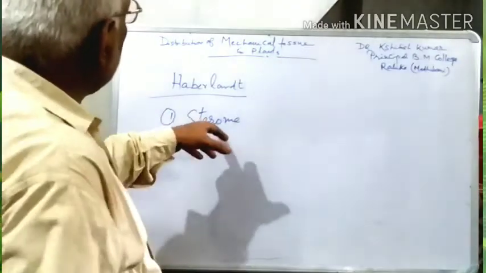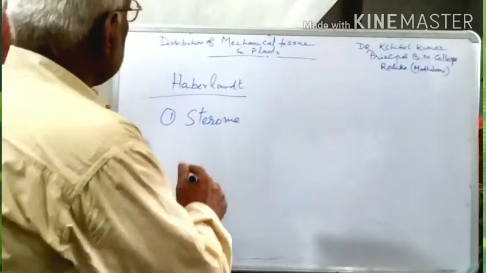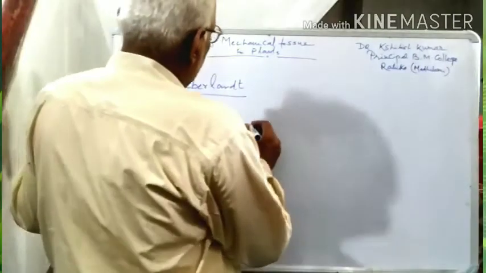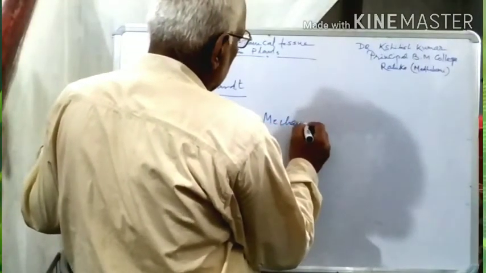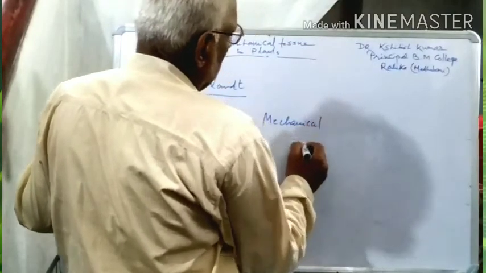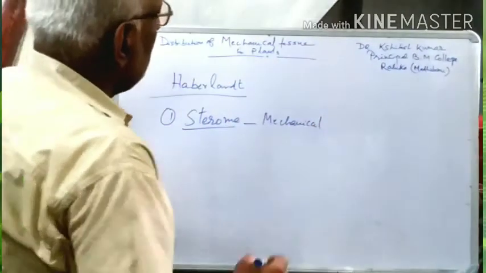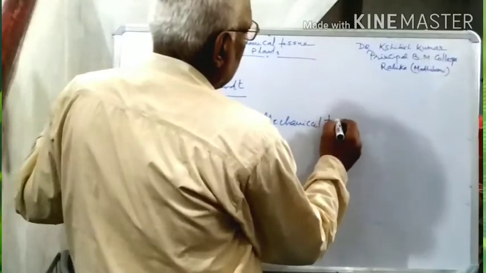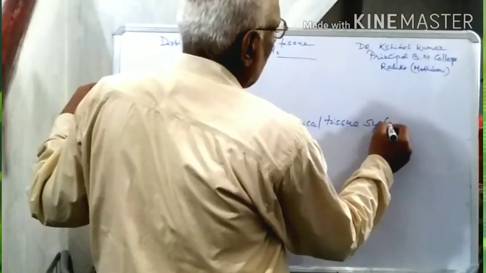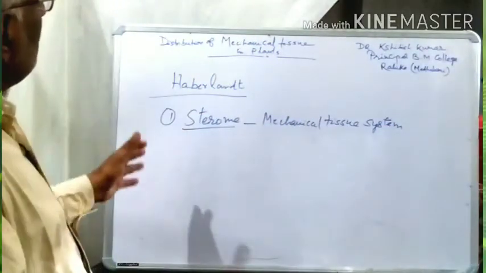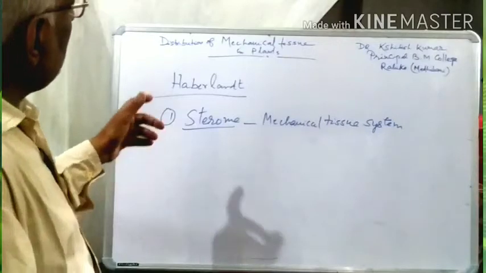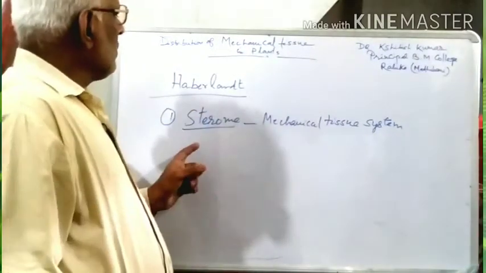He used the term stereome for the mechanical tissue system. The mechanical tissue system found inside the plant is known as the stereome.